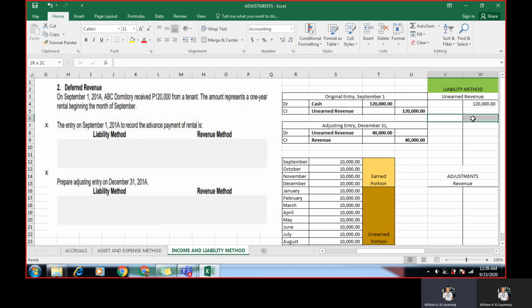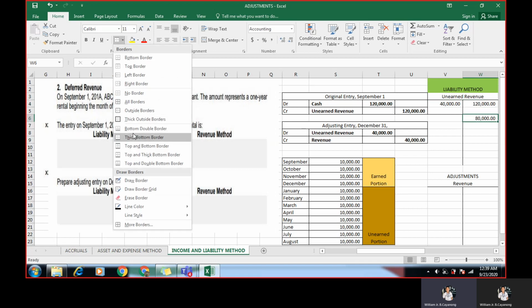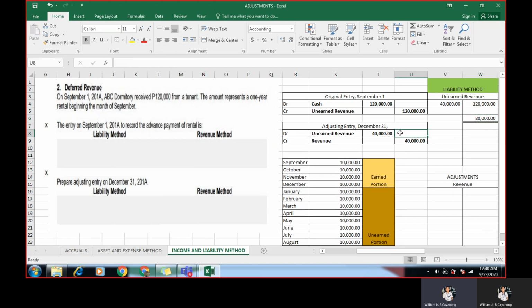So for this to become 80,000, guys, we need to adjust. We need to reduce the unearned revenue by 40,000. That is why we debit unearned revenue of 40,000, to balance and update it, so that the unearned revenue at the end of the period is 80,000.